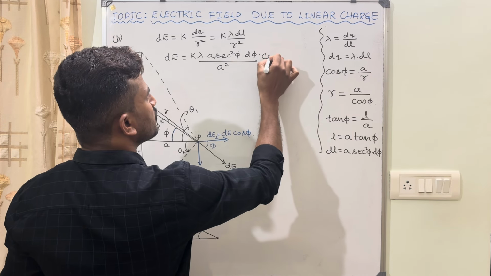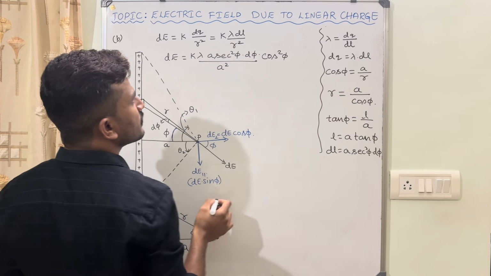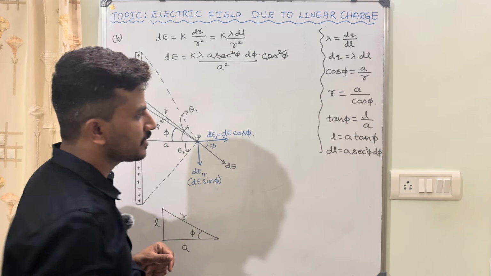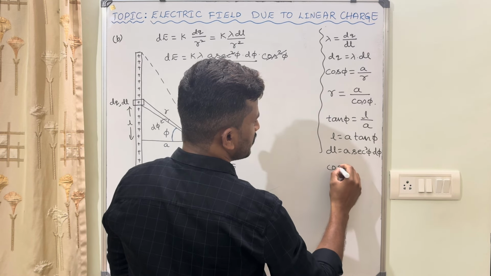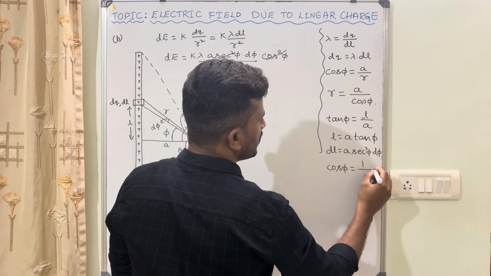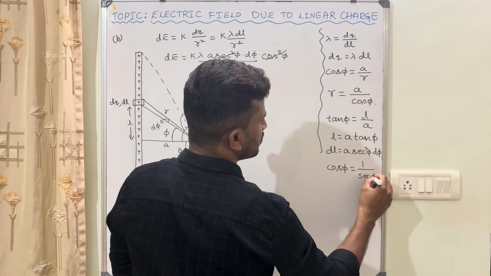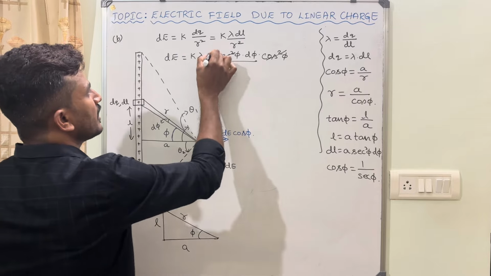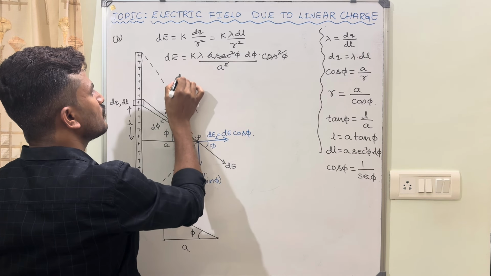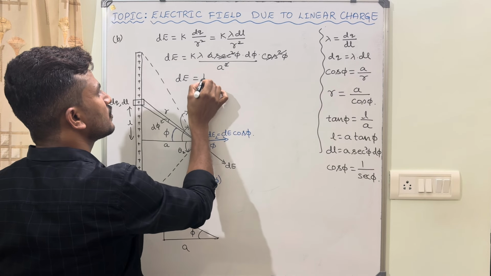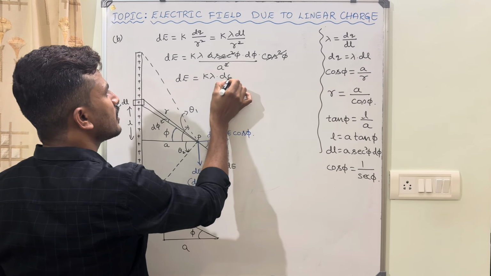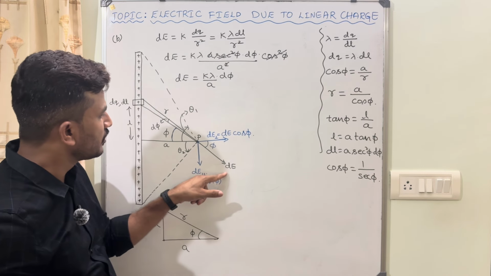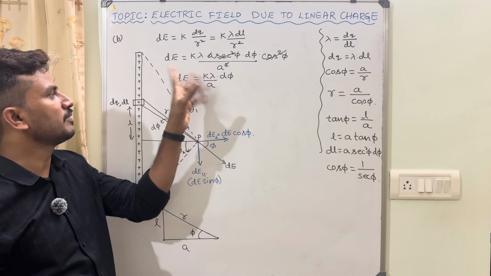Cos square phi will go up, so secant square phi into cos square phi is 1, because cos phi is equal to 1 by secant phi. They get cancelled. So now we have dE is equal to K lambda d phi divided by A. That's it. The dE due to this charge element is given by this one.